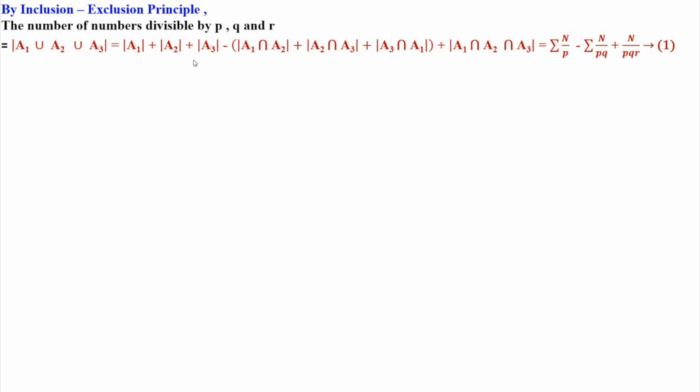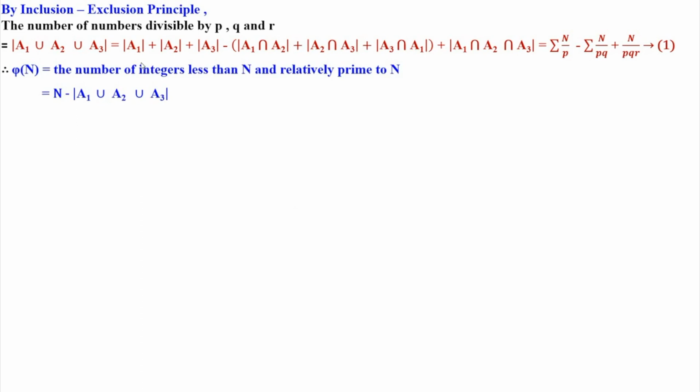We simply denote this by summation n by p, just one prime number p, q, r, like that. Here it is the product of primes taken 2 at a time, p and q, and this last one is without the summation symbol, because we are considering only 3 terms. So these are the numbers which are divisible by p, q, r.